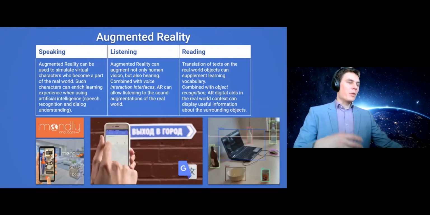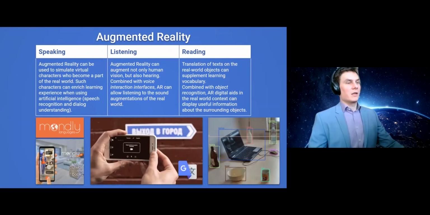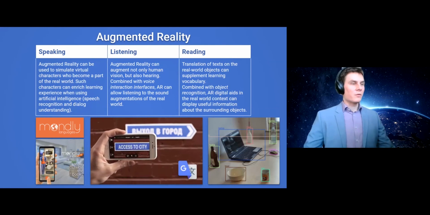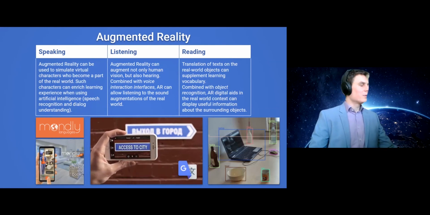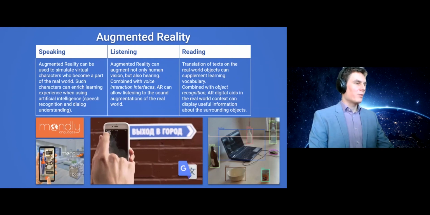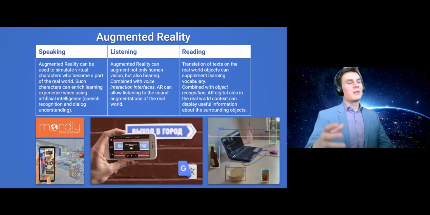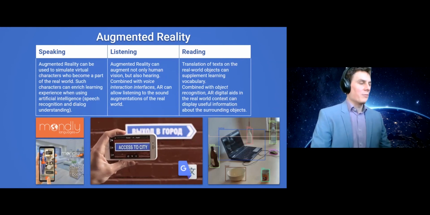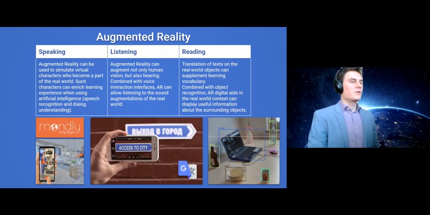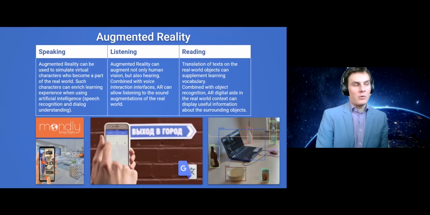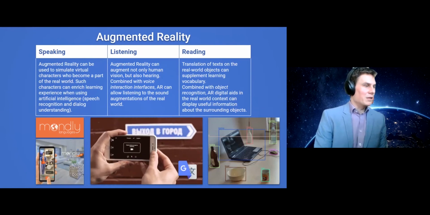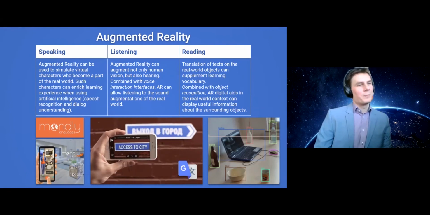So with augmented reality, you can visualize them, and they can appear as humans or objects or whatever you would want them to appear. And then that would make the conversation a bit more real, that you're not talking to an abstract voice coming from a device, but you're talking to a human being, even though the human being is generated by a computer.